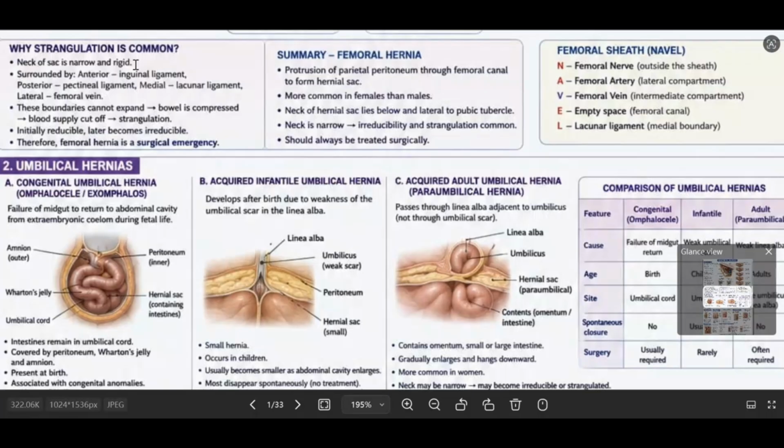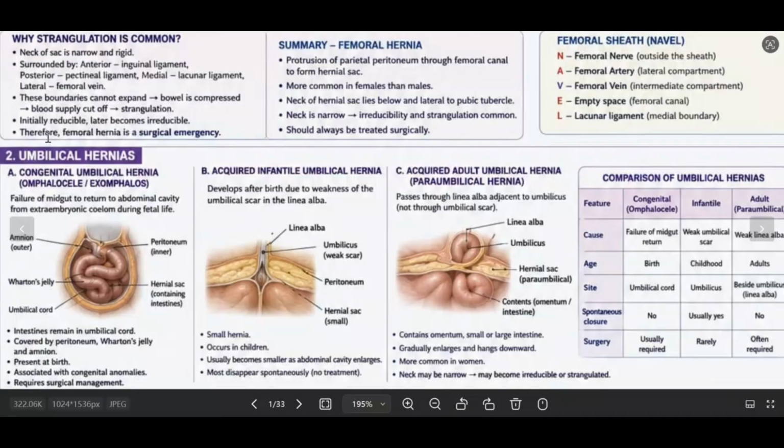Therefore, the bowel becomes tightly compressed. What happens when the structures become tightly compressed? The blood supply gets cut off and strangulation develops. This is why surgeons consider femoral hernia much more dangerous than inguinal hernia, because the blood supply is going to be cut off here.